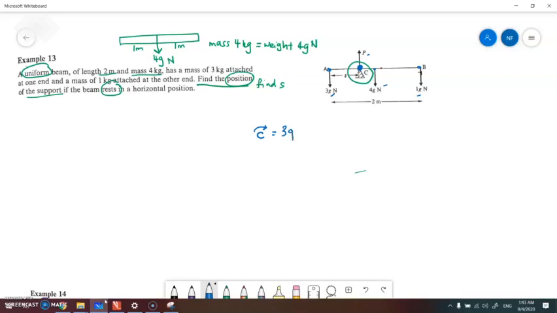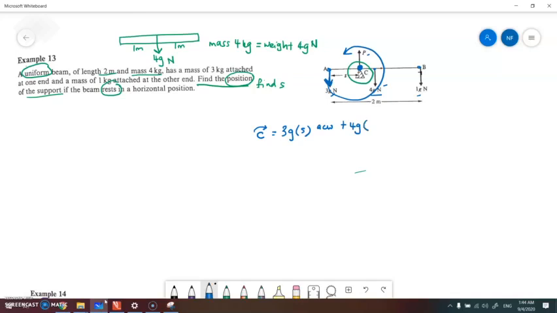The first one is the mass 3G, and the distance is S. Does it rotate clockwise or anti-clockwise? If you pull the beam in this direction, it will move anti-clockwise.